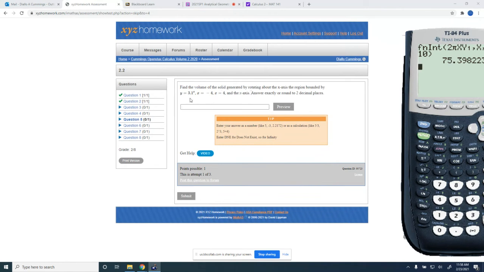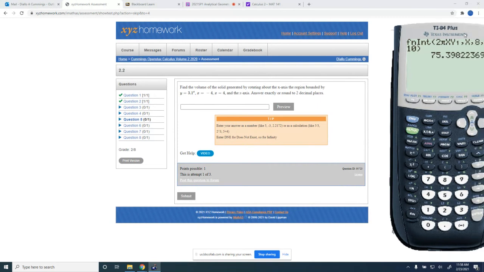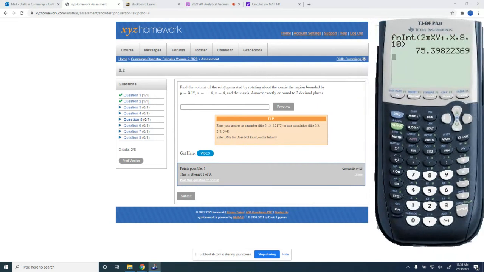So the method that we use is going to be based upon the equation that we're given, how it's expressed, and also the limits. Here we're asked to find the volume of a solid generated by rotating about the x-axis. The region is bounded by y equals 3.1 raised to the power of x, from x equal to -4 to x equal to +4.